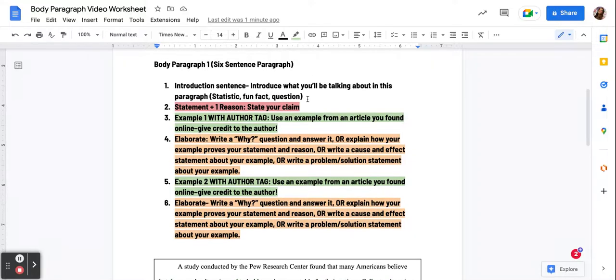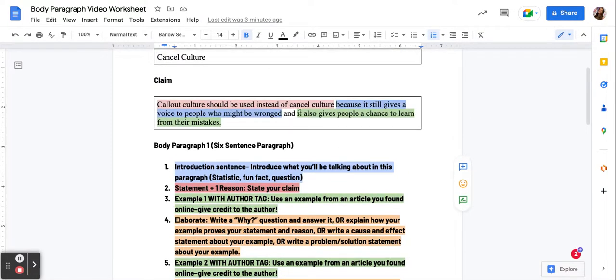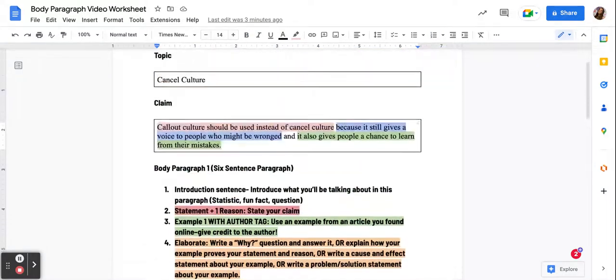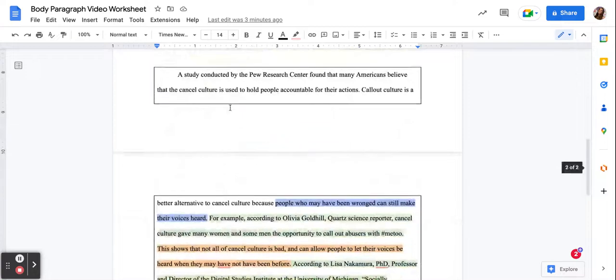So our first sentence that we are going to write is an introduction sentence. And I just want you to throw out something like a statistic, a fun fact, or even a question about what you're going to be talking about in this first paragraph, which remember is your statement and your very first reason. So for example, remember my topic is cancel culture.